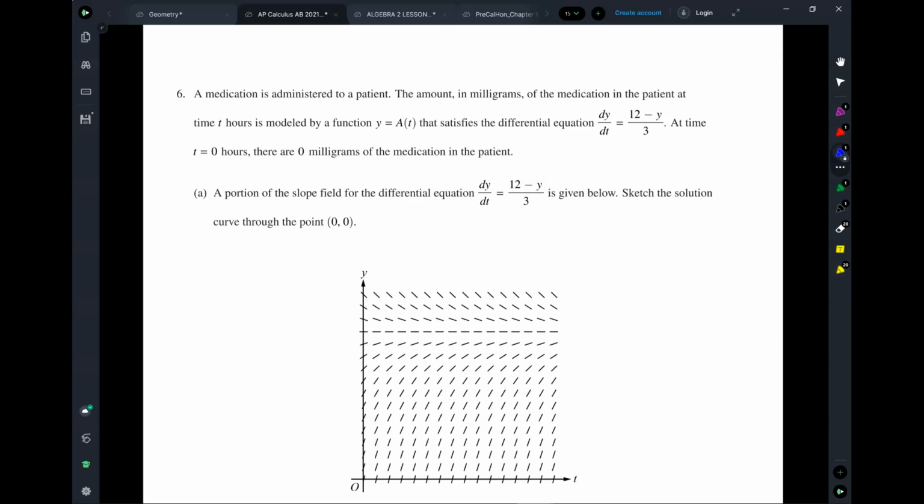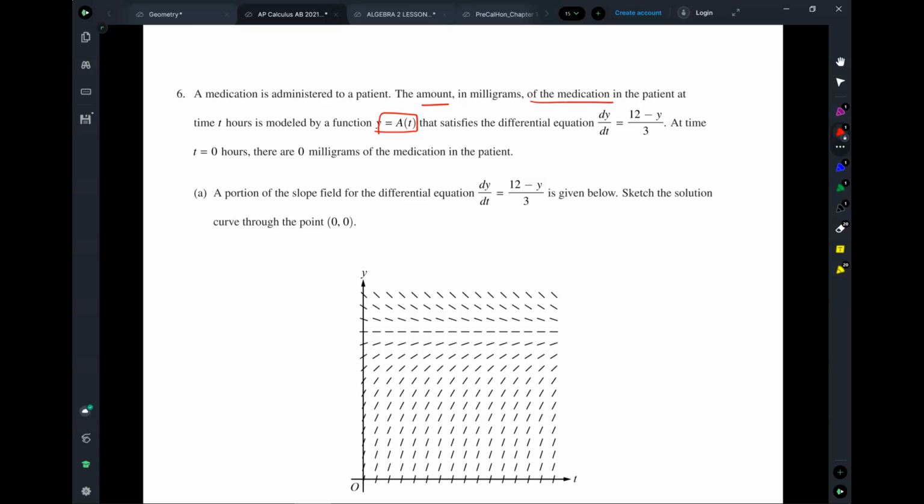A type of medication is administered to a patient. The amount in milligrams of the medication in the patient at time t hours is modeled by the function y equals A(t). So A(t) is the amount of the medication, t hours later.